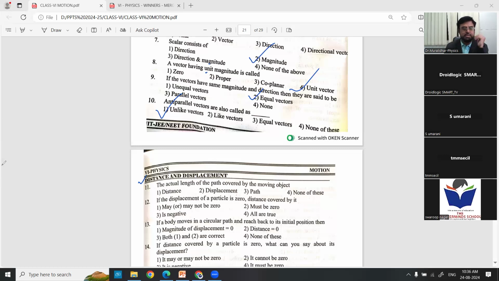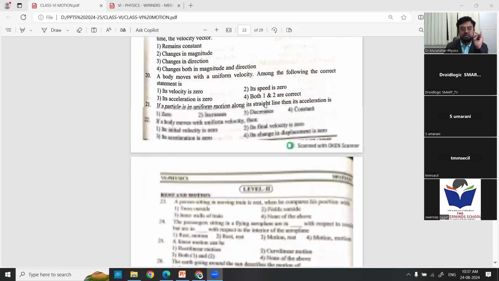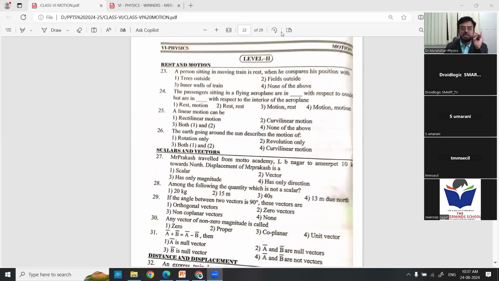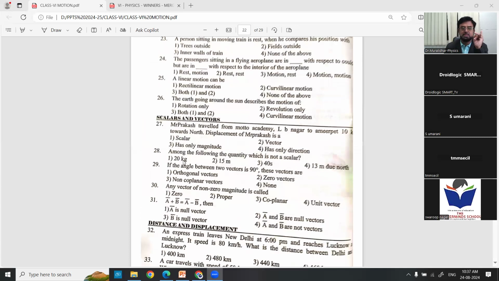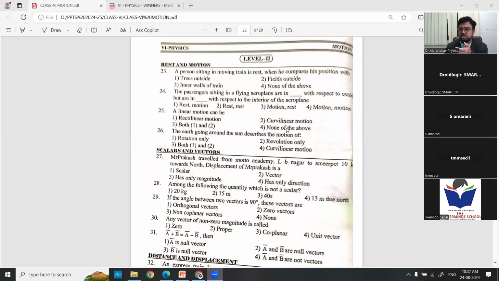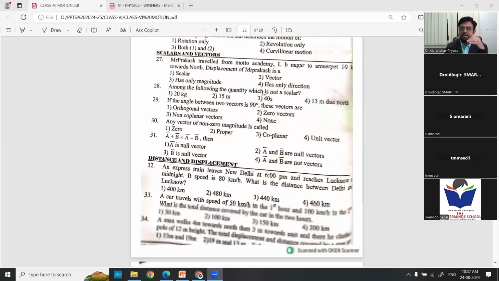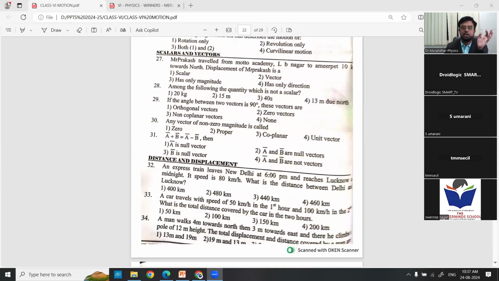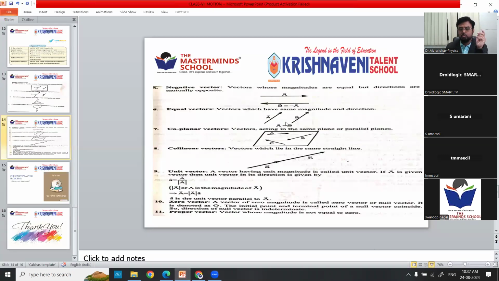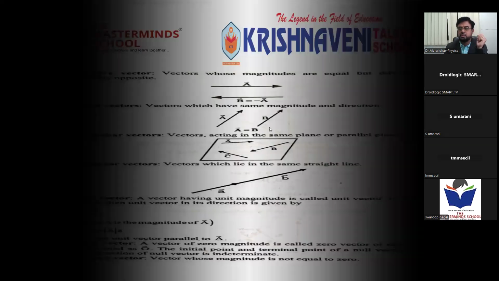Right? Done? So these are the first level questions based on synopsis 1 and 2. Even the second level we have, based on rest and motion and scalars and vectors. This I'll give as homework in the task by end of the day. Remaining, next week we'll start with the new topic, a new synopsis, where we learn more and more.